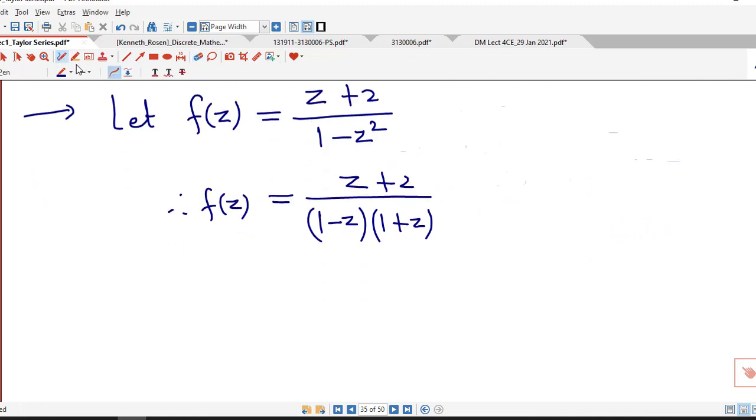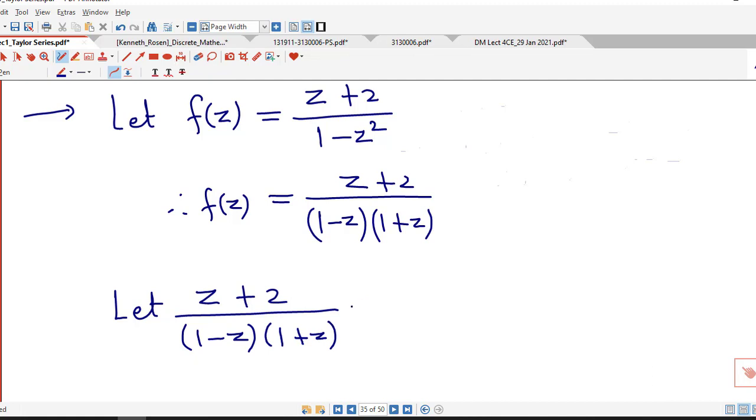In the denominator we have two linear factors, 1 minus z and 1 plus z, so we can represent our function as a sum of two partial fractions, a divided by (1 minus z) and b divided by (1 plus z), where we will determine the constants a and b.